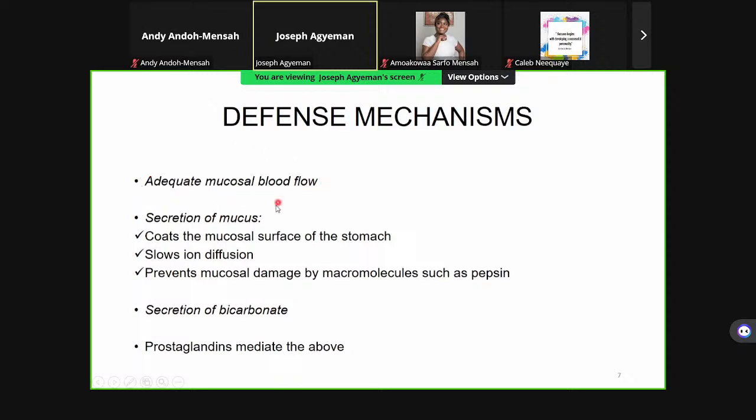In fact, the GI lining, the cells there are one of the cells that we normally describe as cells with high turnover rate, meaning that they die and they are quickly replaced. They die early, but they are quickly replaced.